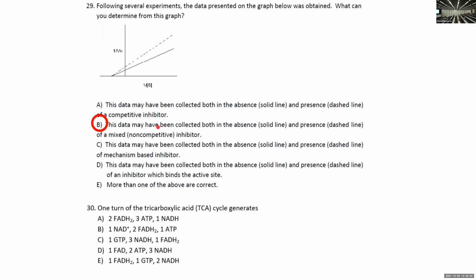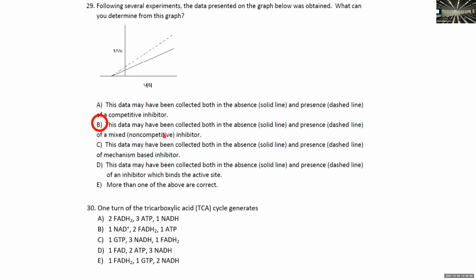As long as you understand the different types of inhibition, their features, and their consequences, you're going to be good and able to answer that. Yeah. So here the x-intercept is constant, as opposed to it changing other things, right? So it changes the slope and the Vmax here. In that case, that's going to be a non-competitive inhibitor.